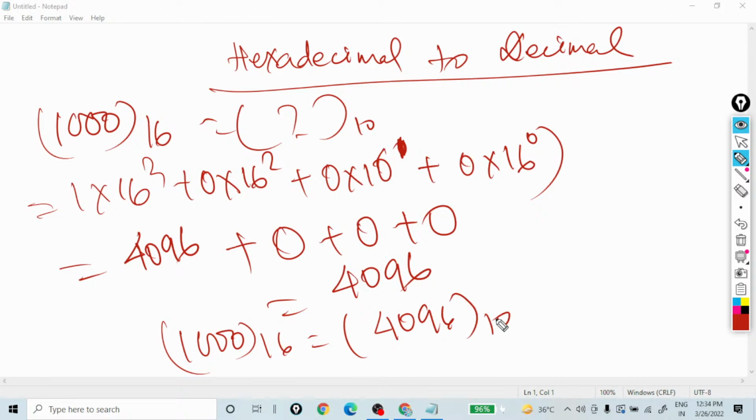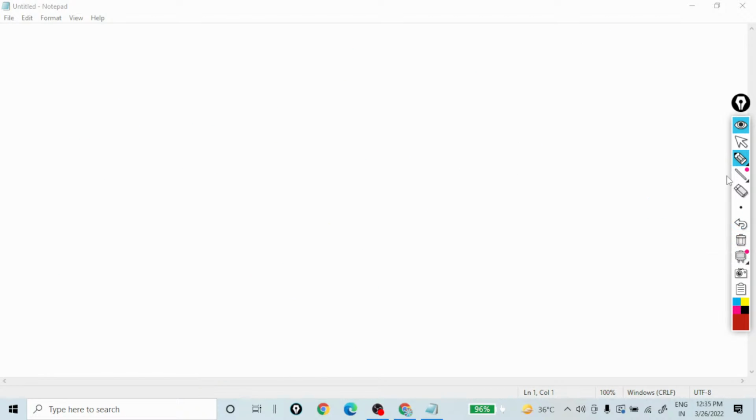So this is the conversion from hexadecimal to decimal, right? If you want to convert any type, for example, let's convert hexadecimal to binary. I am erasing it. If the question is to convert hexadecimal to binary, then what do you have to do?